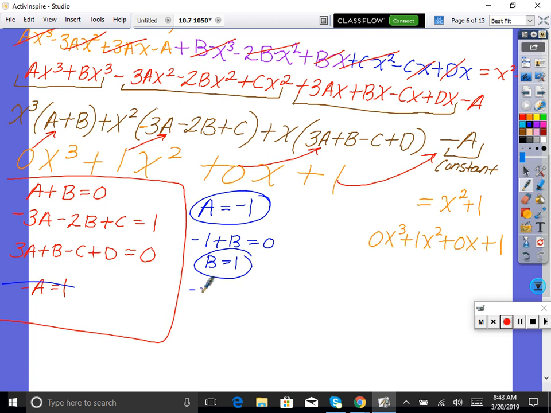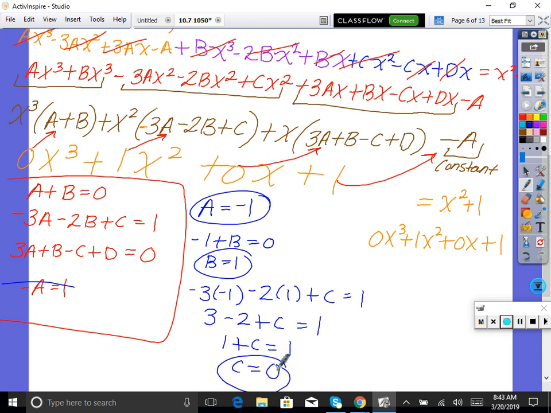Negative 3 times a, so that's negative 3 times negative 1, minus 2 times b, so minus 2 times 1, plus c needs to equal 1. So that's 3 minus 2 plus c equals 1. 1 plus c equals 1, therefore c equals 0. And now I can find d.